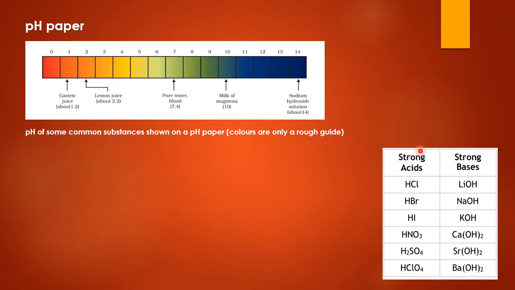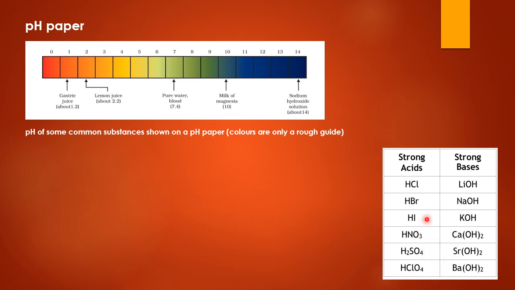Here are some strong acids and some strong bases: HCl and LiOH. These two substances show strong acidity and strong basicity. HCl is a strong acid. LiOH is a strong base. Then HBr, NaOH, HI, KOH, and other acids and bases.